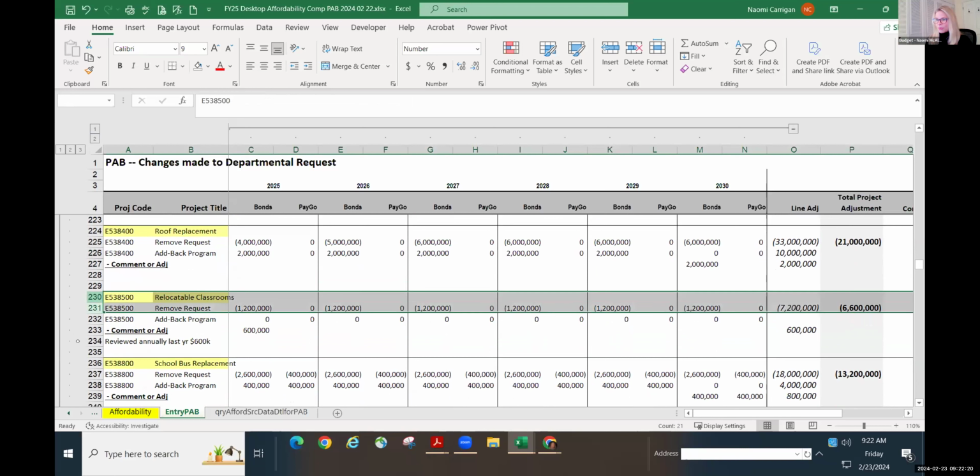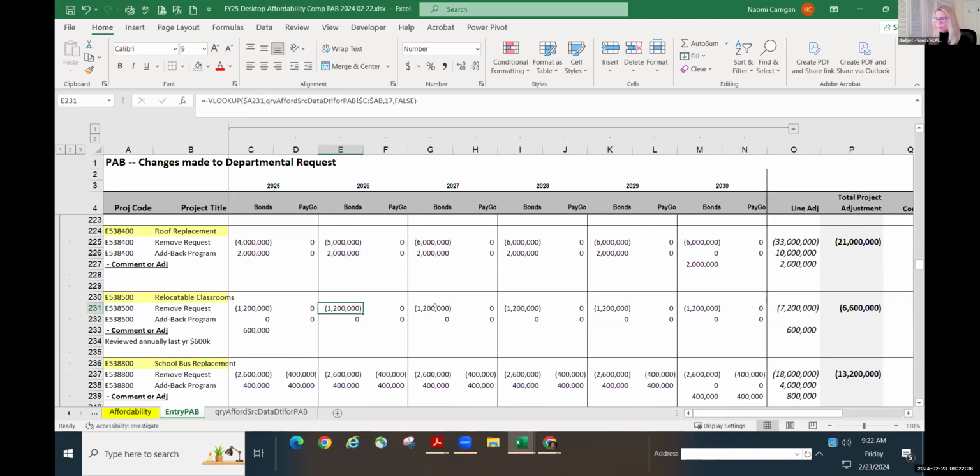Relocatable classrooms. So now this is a slightly different recurring capital project. This is one that we look at every single year and determine the current year value that we want to provide. Plan does not budget in the out years for this one. So they were requesting $1.2 million a year.